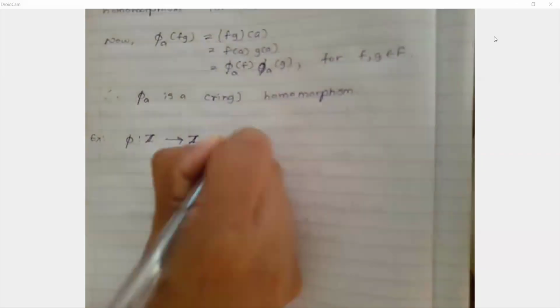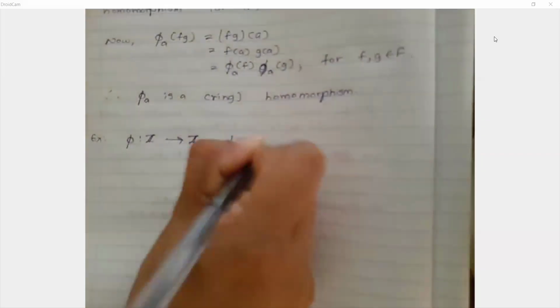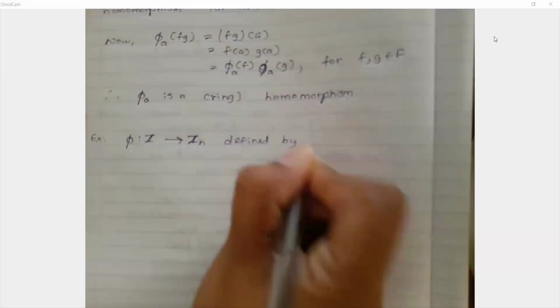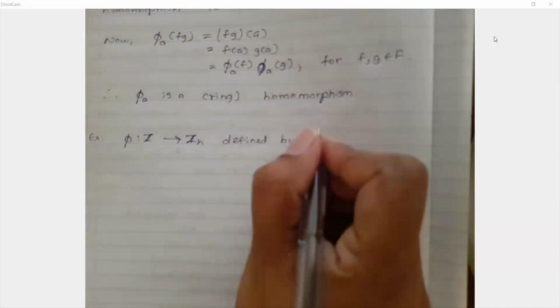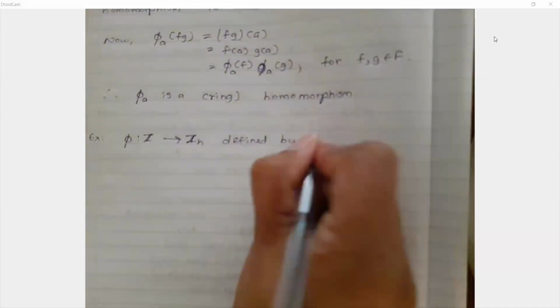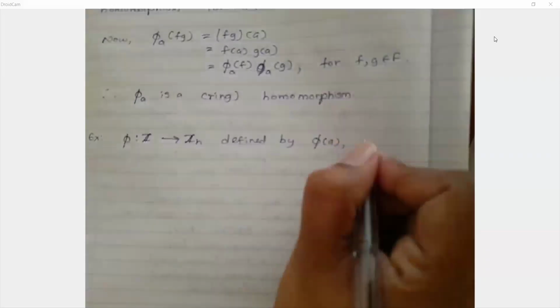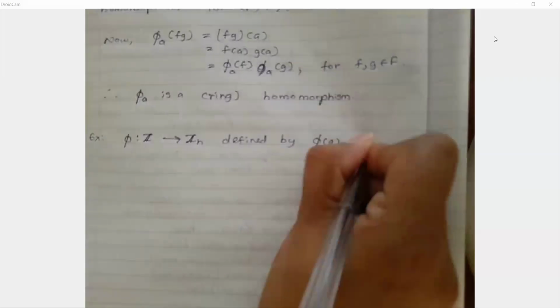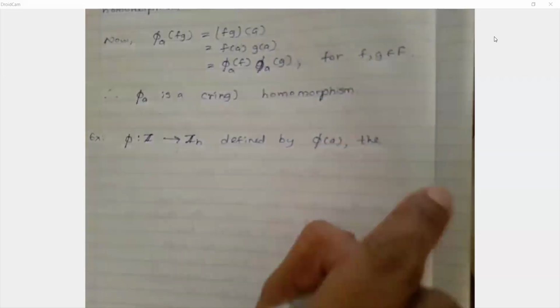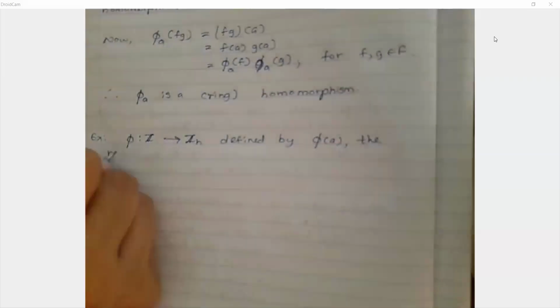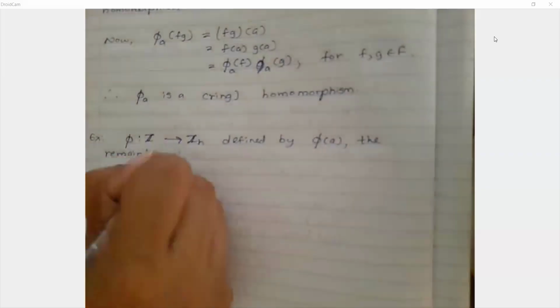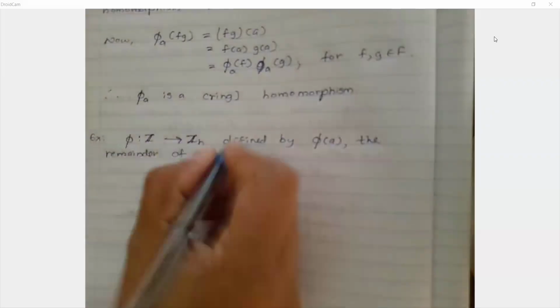Defined by, let's define phi of A to be the remainder of A modulo n.